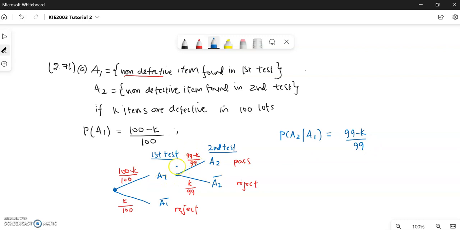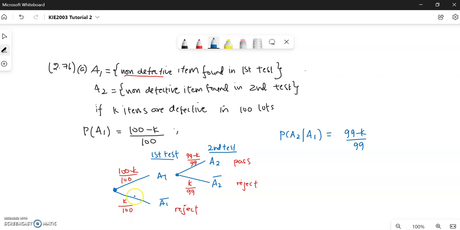Once the first test gives a non-defective item, what's remaining in the batch are 99 items. Out of the 99 items, the one that you have chosen is non-defective, so you still have K defective items in your lot. So the probability of choosing a defective item in the second test becomes K over 99, whereas choosing a non-defective item is (99 minus K) divided by 99. If you add these two up, you get 1. Similarly, if you add these two up, you also get 1.